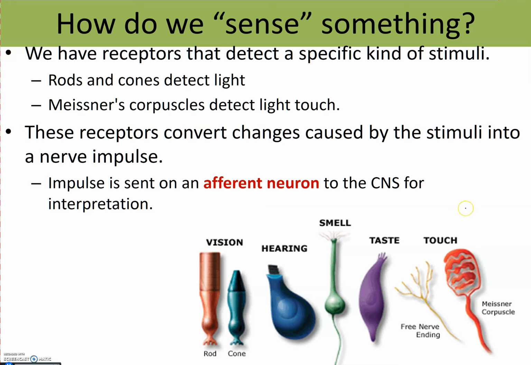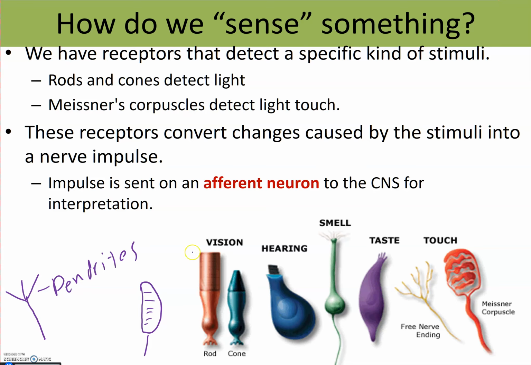They could be simple. So this would be a pain receptor, just dendrites. Remember the skin chapter? Remember our little Vienna sausages? There's the Vienna sausage. That's a Meissner or tactile corpuscle. That detects a light touch. And those are very primitive.